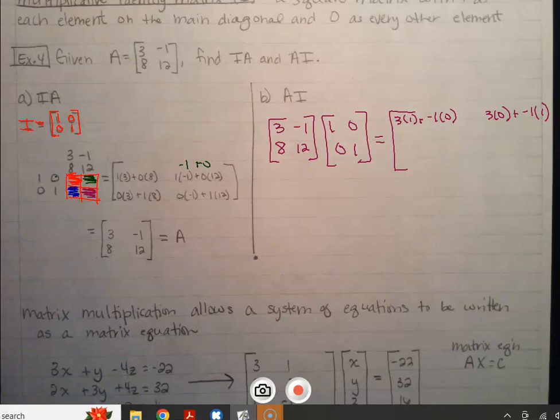Then let's do the next one. So 8 times 1 plus 12 times 0. And for the next one, it's going to be 8 times 0 plus 12 times 1. All right, perfect.